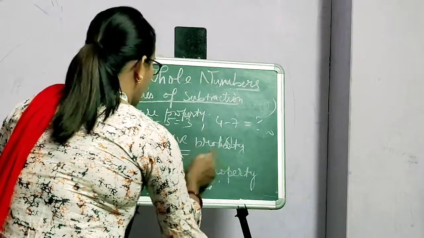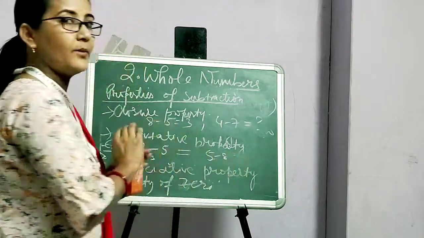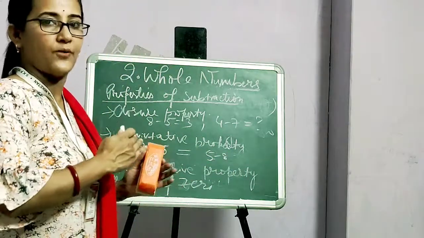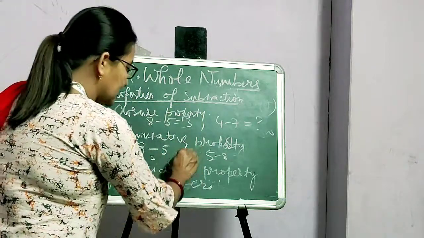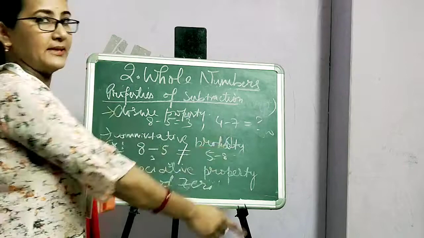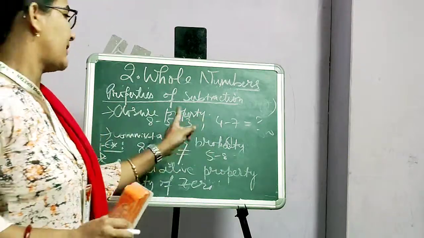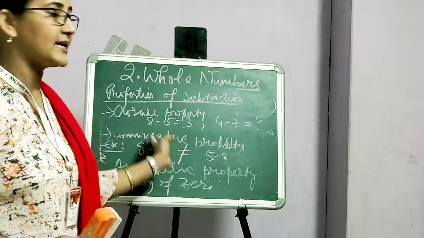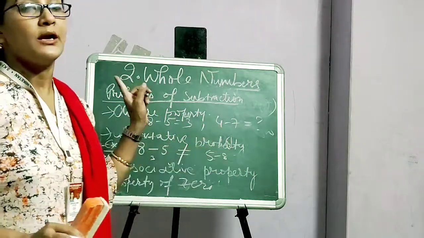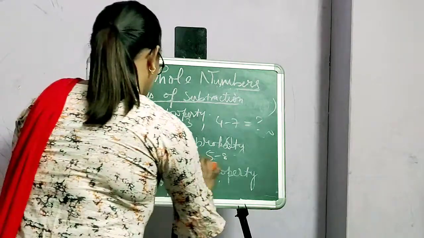If I interchange the position, 5 minus 8, it will never be 3. It will be in negative form. Therefore, we can say 8 minus 5 is not equal to 5 minus 8. So here also subtraction does not satisfy commutative property. Okay, commutative property also does not satisfy. Clear? Now next is associative property.